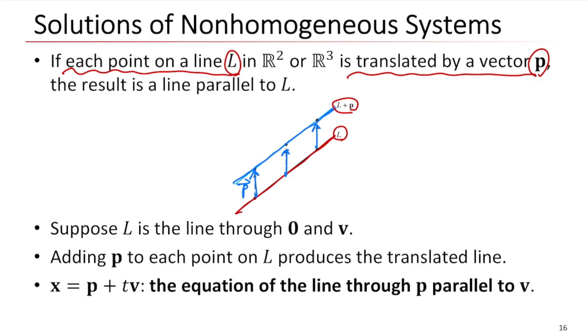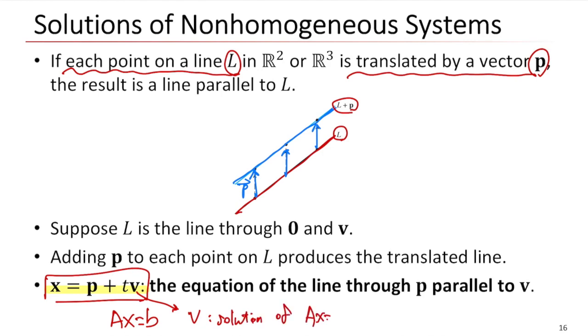Okay. So to summarize, x equals p plus tv. This was the general solution of Ax = b, right? And v was the solution of Ax = 0, right?